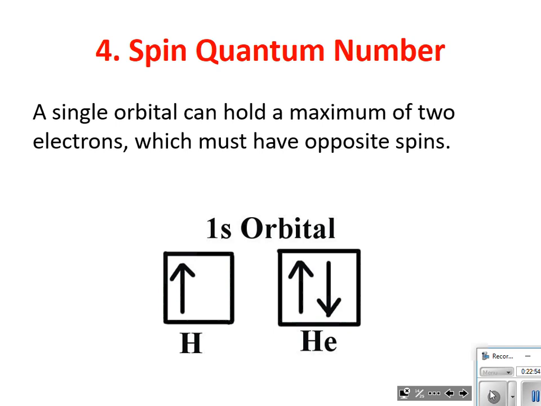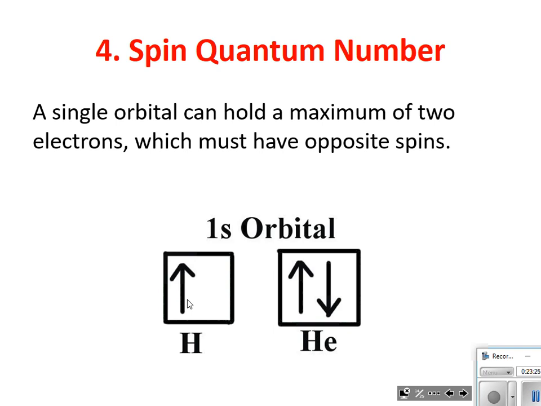Now, what is this box with this arrow telling me? This box right here is an orbital. Since I know that this is hydrogen, hydrogen has only 1 proton and 1 electron. The arrow represents electrons.